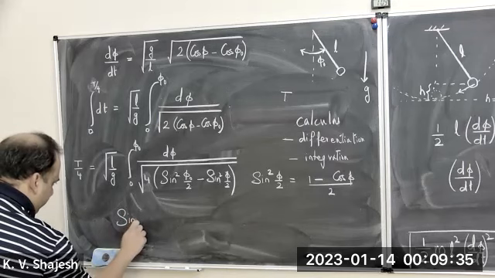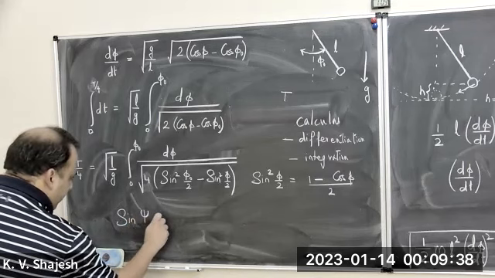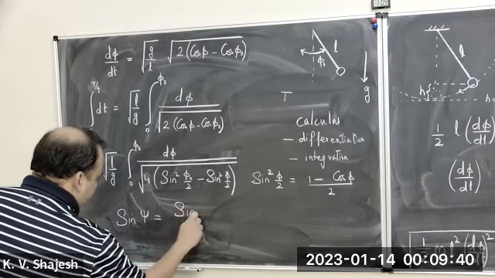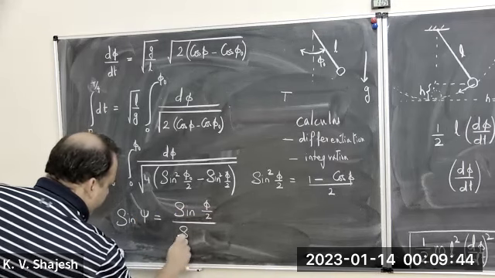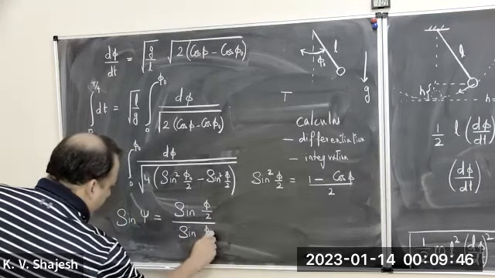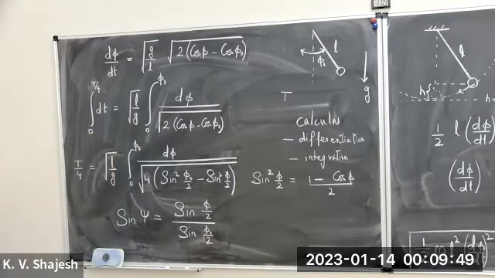So let's say sine of psi is equal to sine of phi over 2 divided by sine of phi naught over 2. This is basically a scaling idea.